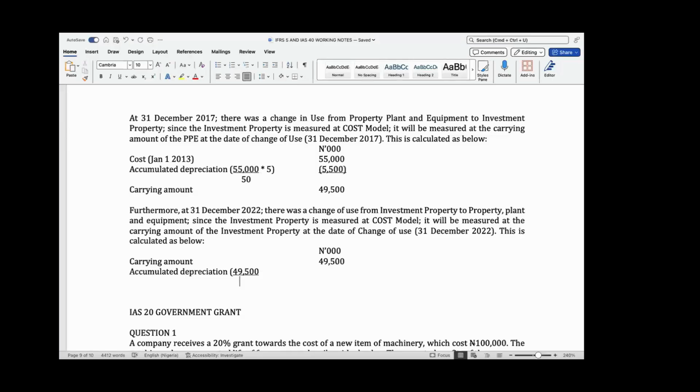The remaining useful life will be 40 years. Another 5 years have gone. No, 45 years. Yes, 45. Because I want to get accumulated depreciation from 2017 to 2022.